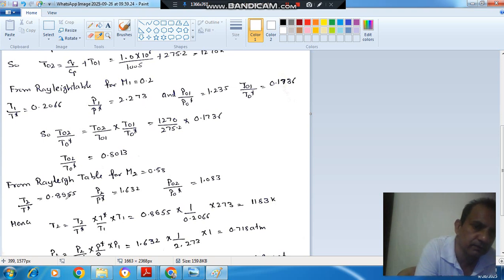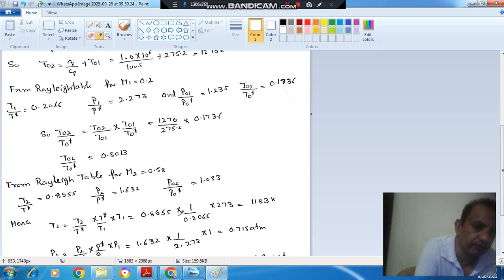So if we want to find out T2, then we will divide T2 by T star and multiply by T star, and divide by T1 and multiply by T1. Now we have this T2 by T star value, we have T1 by T star value, and we have T1 also, that is 273.